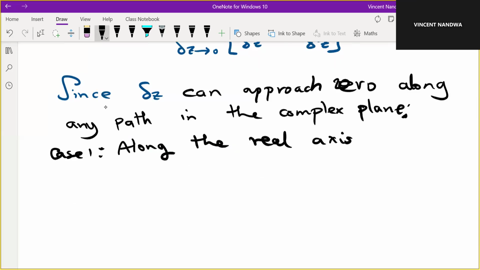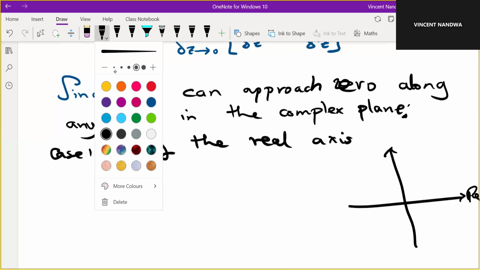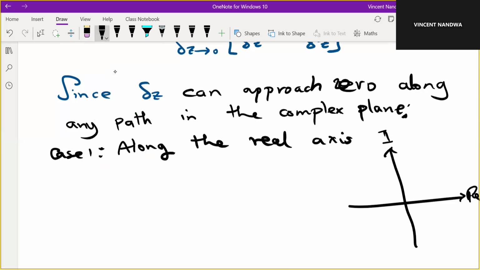So I hope you remember that this is what we mean by complex plane. So this is what we call the imaginary axis, and then this is the real axis. So this vertical axis is the imaginary axis, and then this way you have 0.